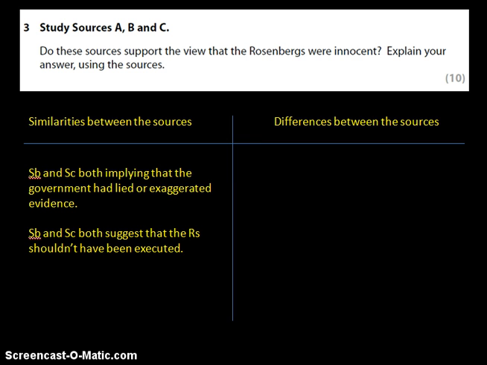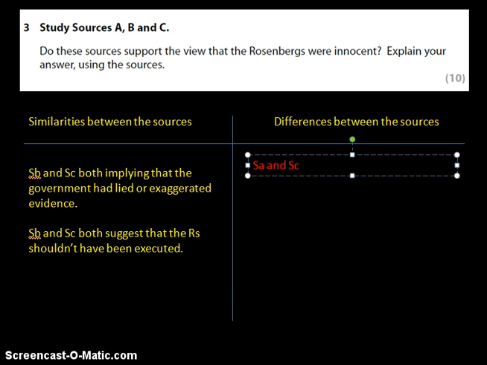I then might actually come over to the other side of our table and try to highlight some differences. So if we have a look at source A and source C, there's quite a fair amount of difference between these two sources.